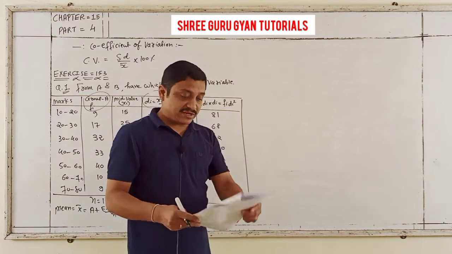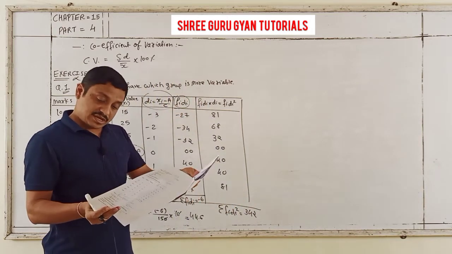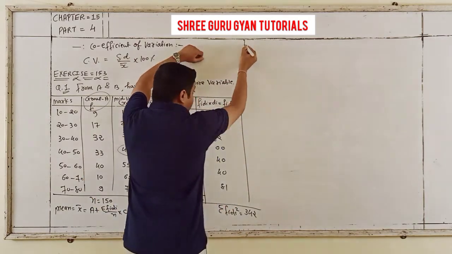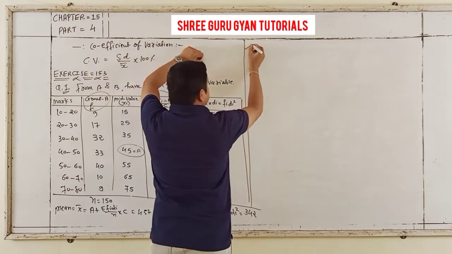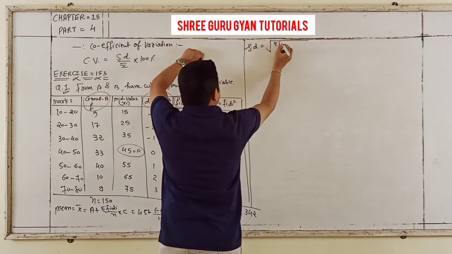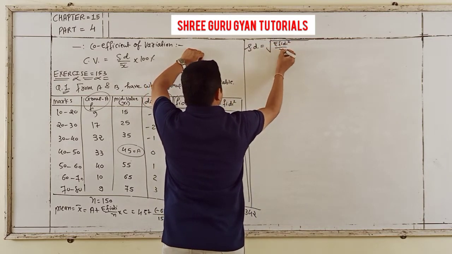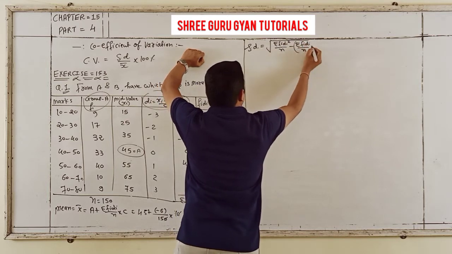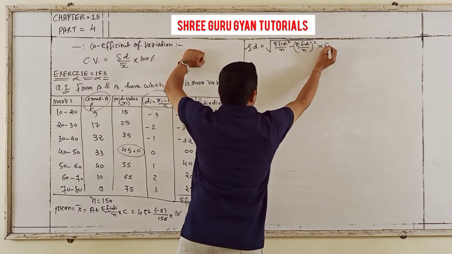We go to standard deviation: SD equals the square root of sigma fidi square by n minus sigma fidi by n, the whole square, into C.